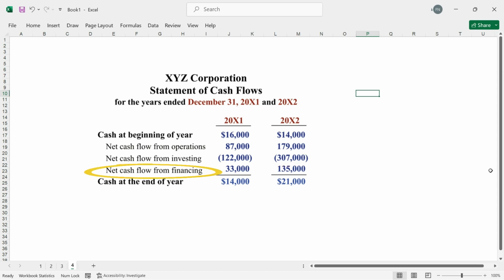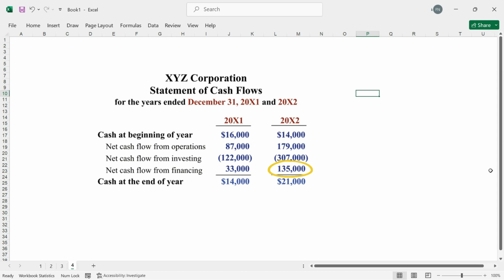Apparently, we provided additional financing, or sources of cash from financing of our business. This is $135,000, most likely the majority of it coming from additional borrowings, because we know we financed the growth of the business by borrowing many of the resources, increasing our current and long-term liabilities.